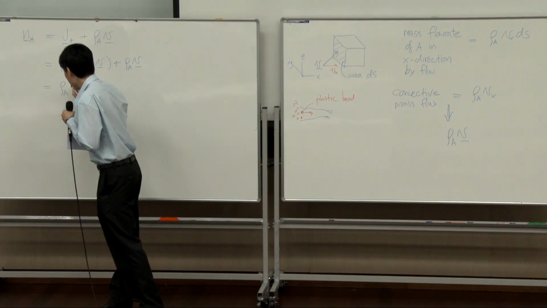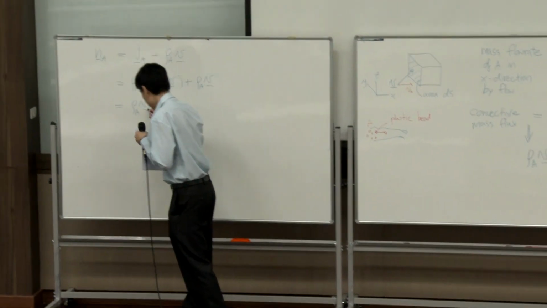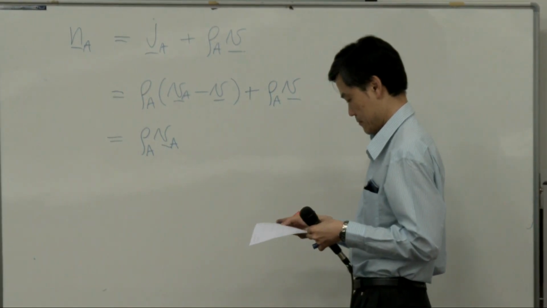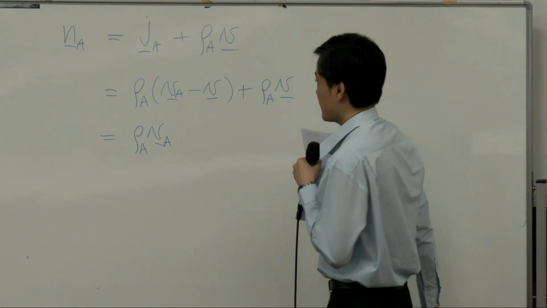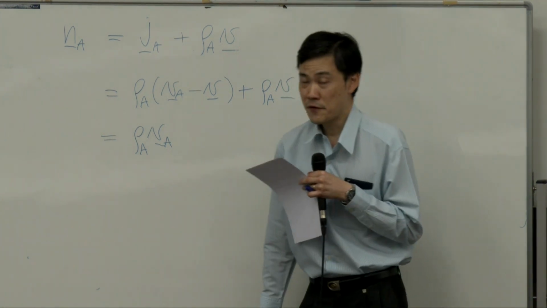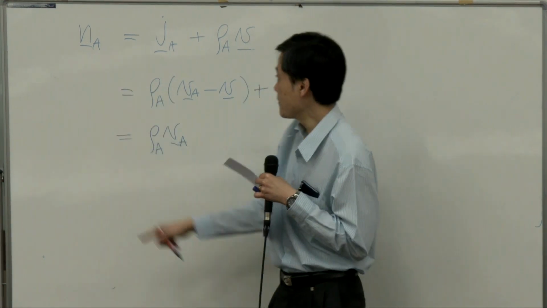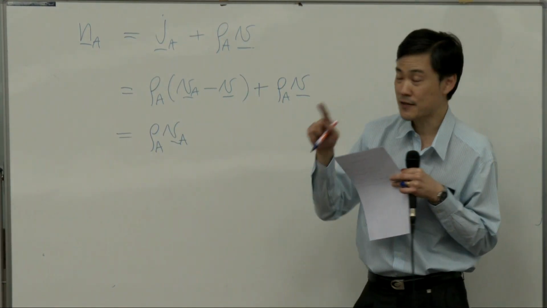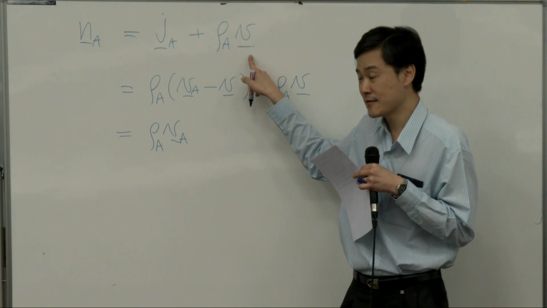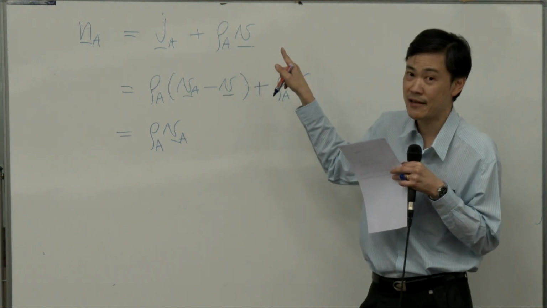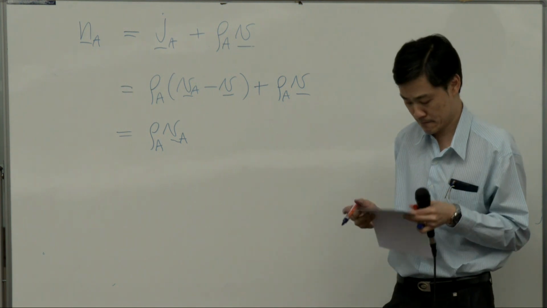Eventually, you end up with rho A VA. Okay? So don't be confused. You have rho A VA as a combined flux. But when you consider convective flux, it's only rho A V. These two are very similar but totally different in the physical meaning.